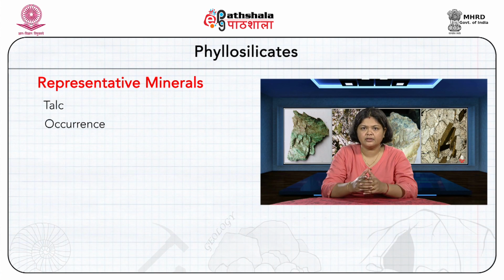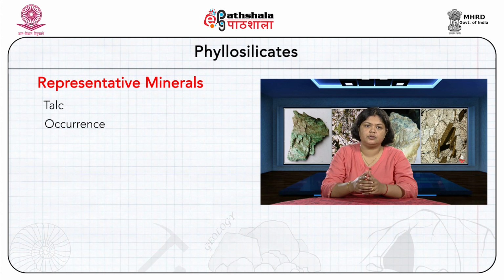As for the occurrence of talc, it is commonly found in metamorphic environment, formed due to metamorphism of siliceous dolomite, where it is found associated with calcite, dolomite, tremolite and other calcilicate minerals.